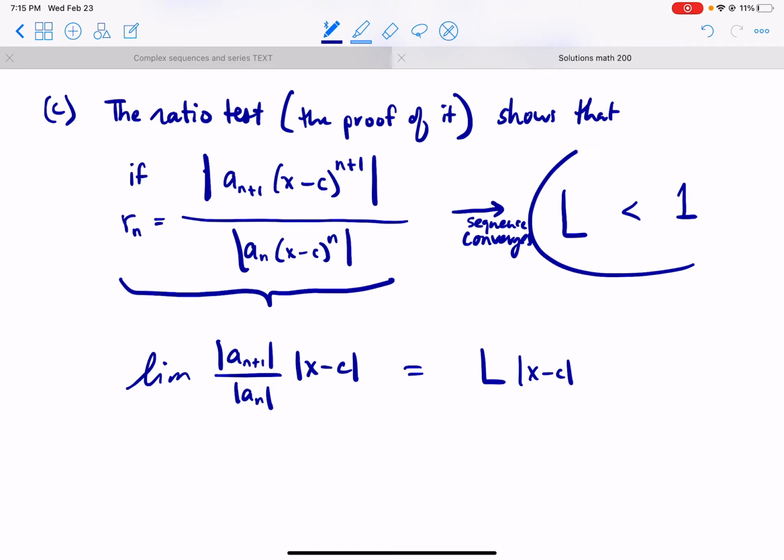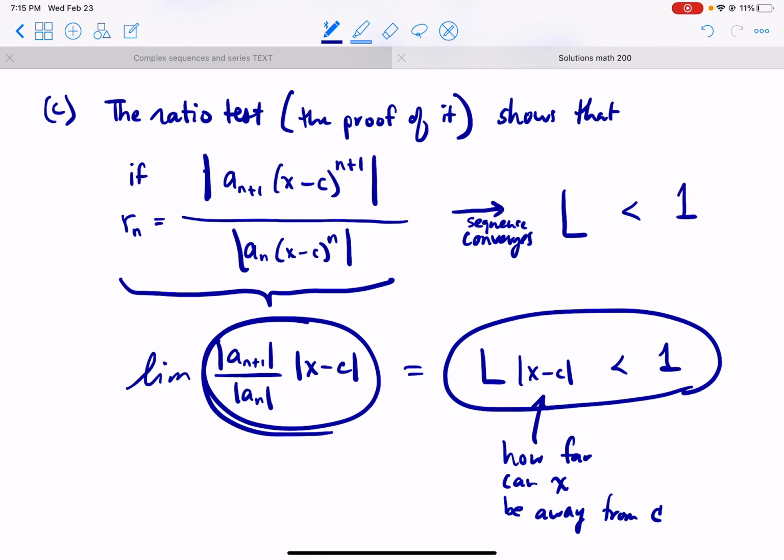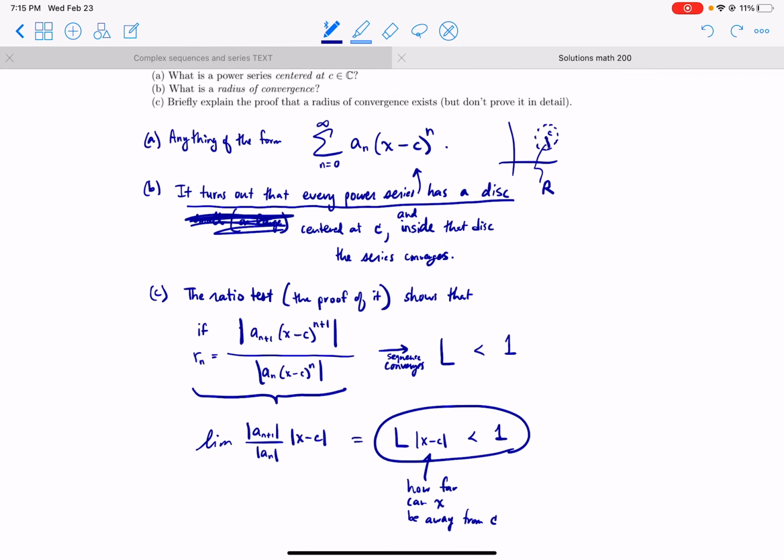Then the ratio test says that if that limiting value is less than 1, that just means we have a condition on how far x can be away from c. Well, 1 over L. If this thing is less than 1, then the series will converge.